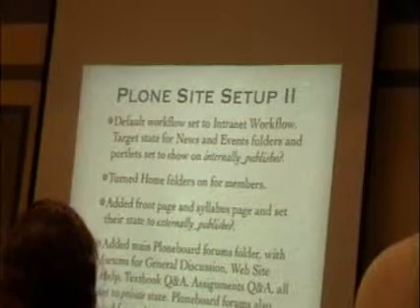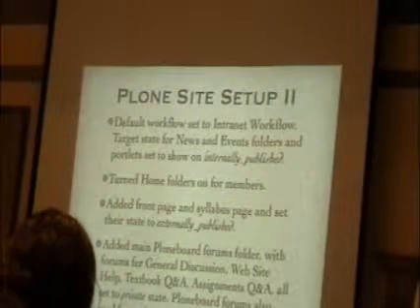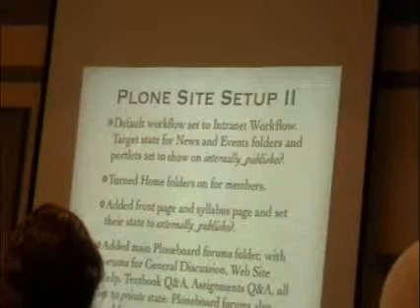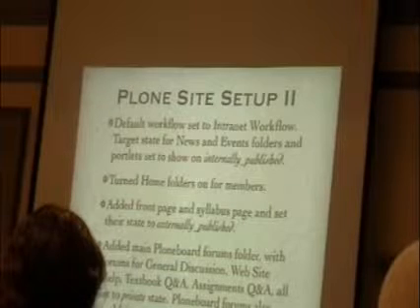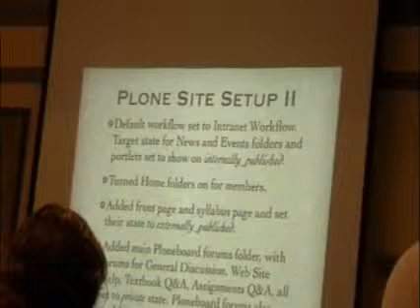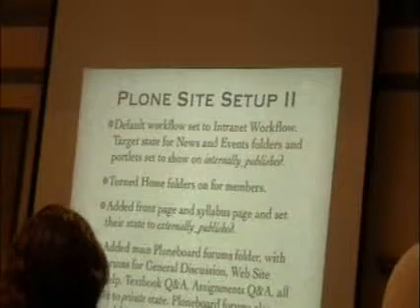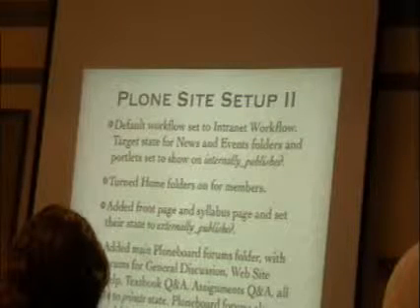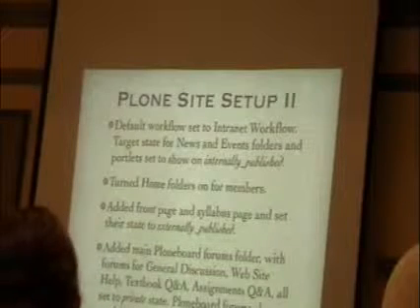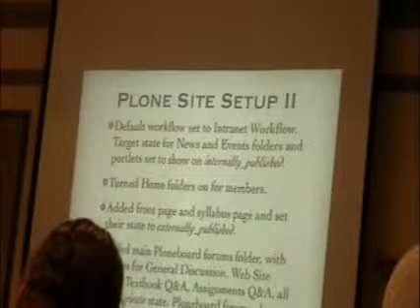The workflows available in 3.05, 3.06 include one called intranet, extranet. And I chose that one because it's a good fit for having a closed site, except for where you want to explicitly publish something to make that open. So the third bullet point explains that the main page and the syllabus, those are the only ones that were externally published.